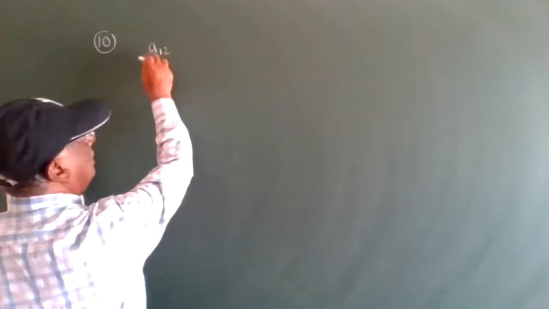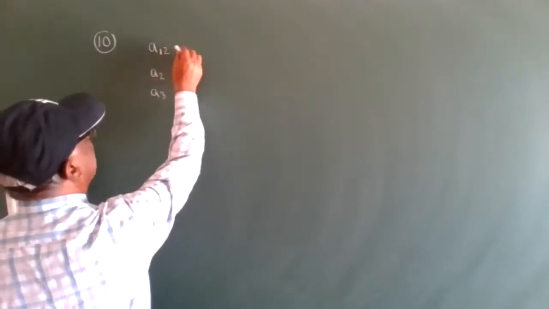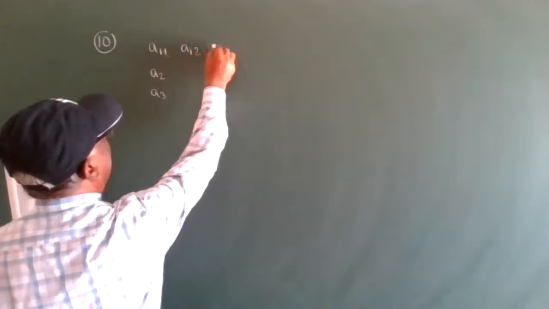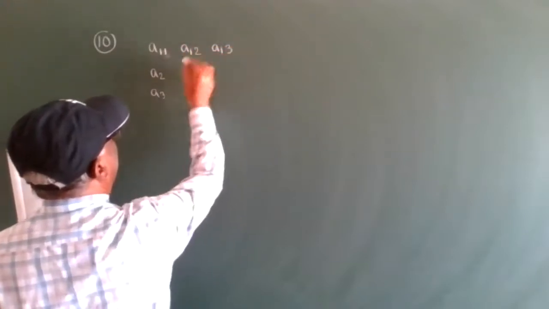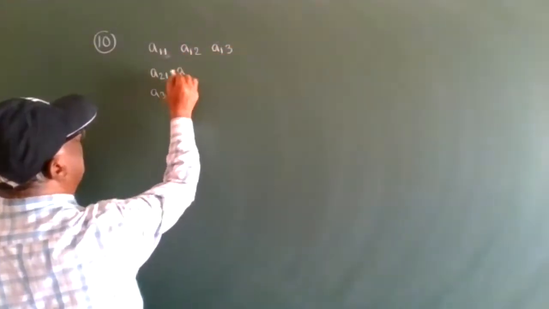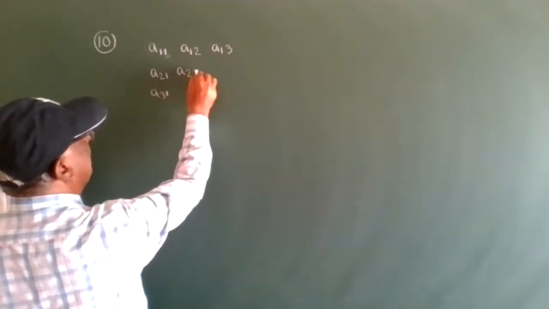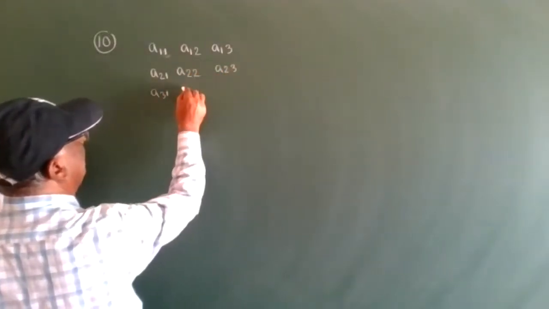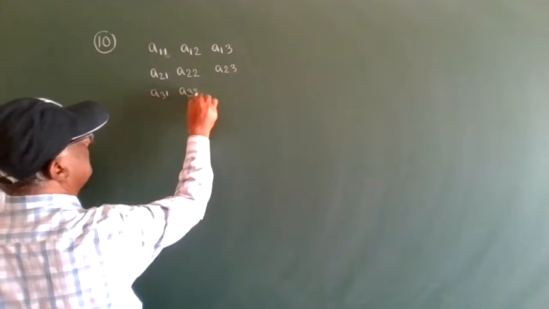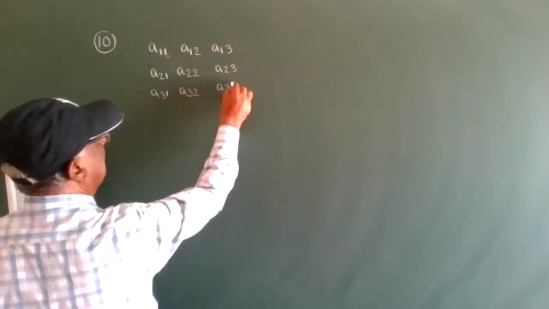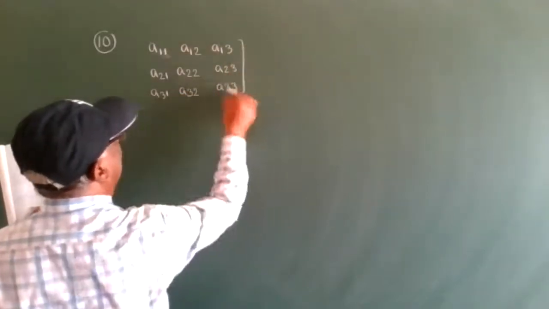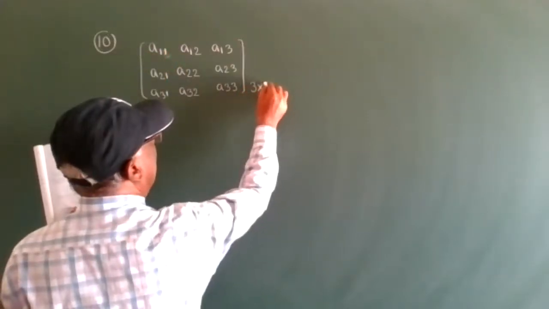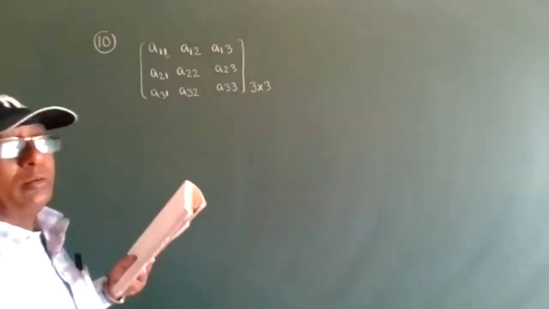So first line first element, first line second element, first line third element, second line first element, second line second element, second line third element, third line first element, third line second element, third line third element. This is called a 3 by 3 matrix.